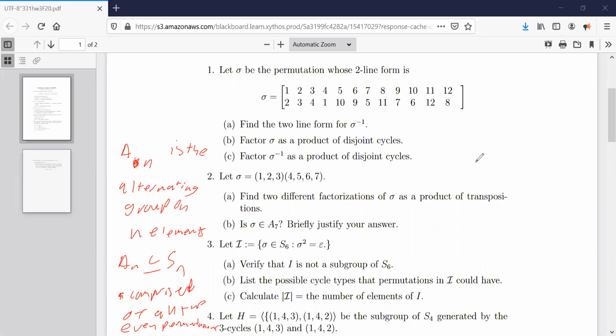So what does that mean? Marius, are you asking if I mean even permutations or even number of permutations?